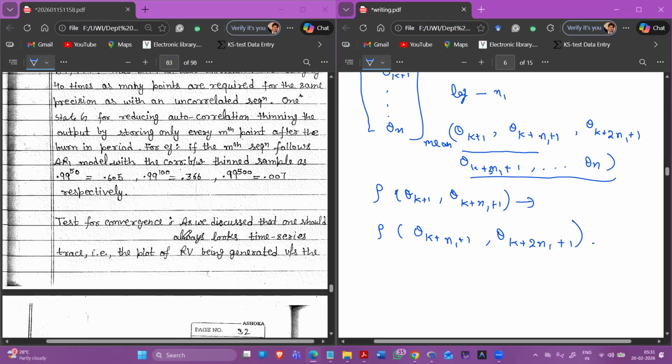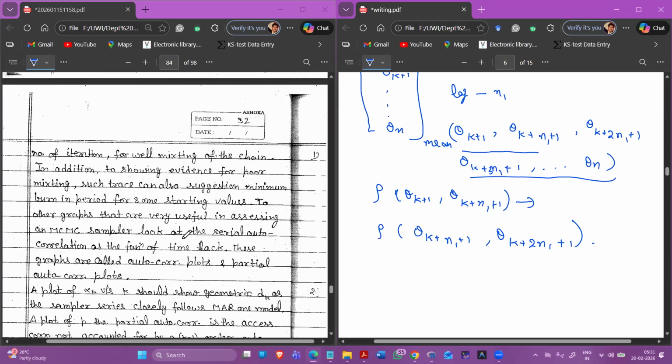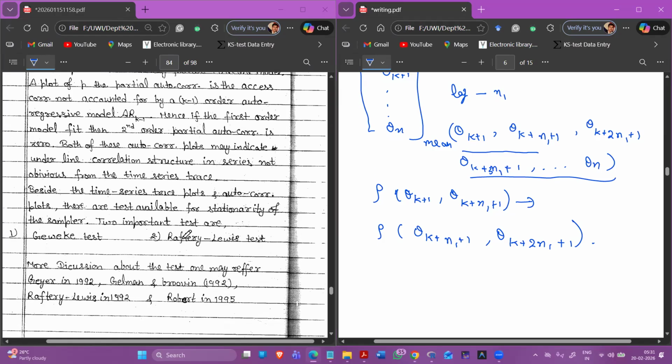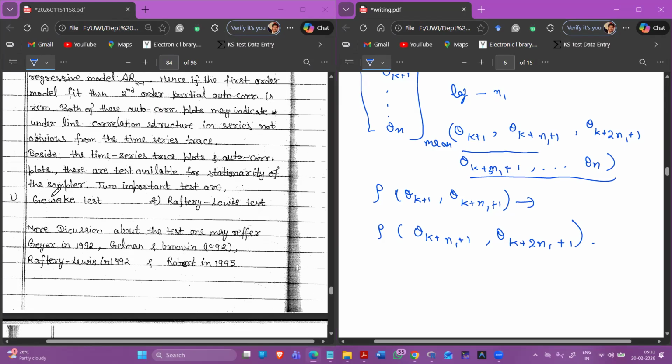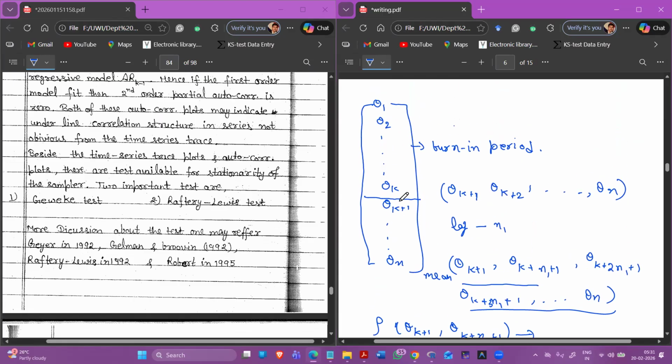All right. So after that, we have some tests for convergence. There are several tests. The first one is the Geweke test, and then we have the Raftery-Lewis test. So how do we apply the test? We don't apply the test on all these observations, theta 1, theta 2 up to theta n.